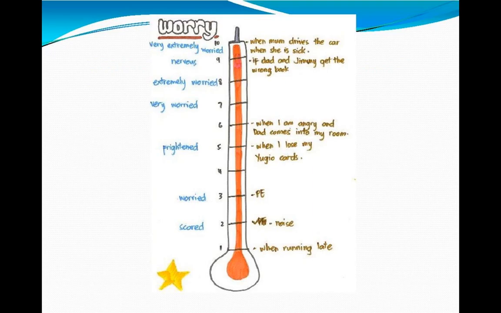And to anchor it so that both you and the child know you're talking about the same thing, you come up with a situation where the child has felt that in the past. So in this example, on the right-hand side, you see anchors for the different anxiety ratings. At the top, it's a 10 when mom drives the car when she's sick, versus a 5 is when this child loses cards. So this helps make those rating scales a little bit more meaningful to the child. They can put it in concrete terms.